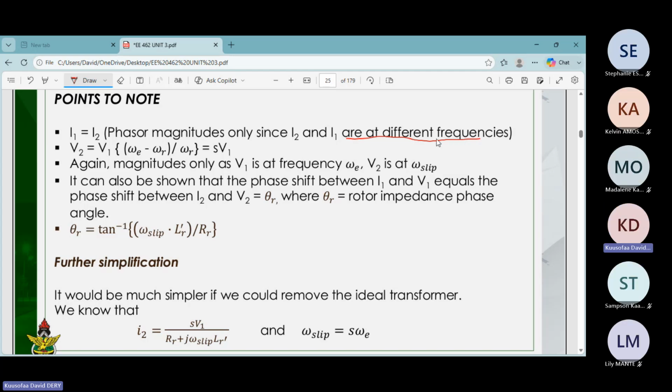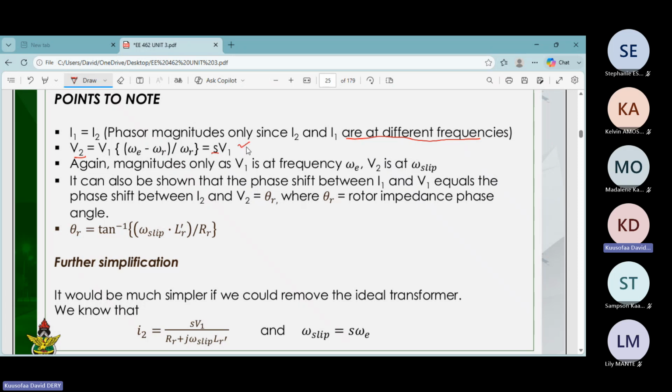They are different frequencies, so they have different phasor values. So now we also know that the voltage induced in the rotor is equal to the slip multiplied by the voltage induced in the stator. That is one of the formulas that we know.